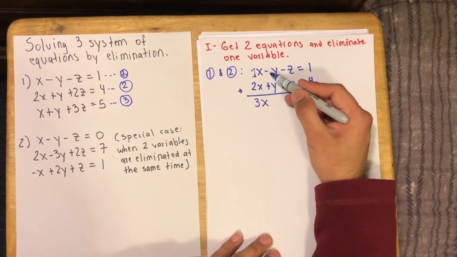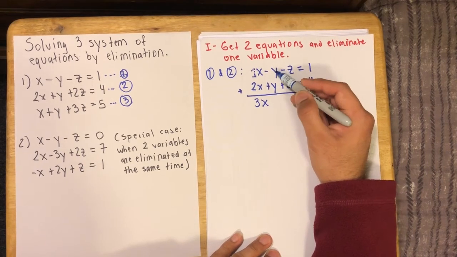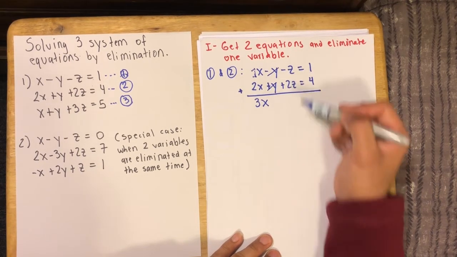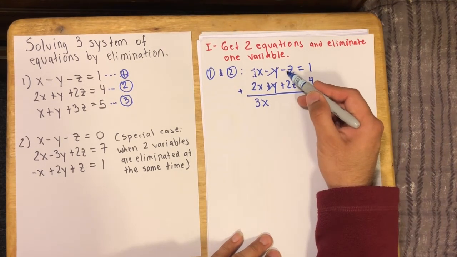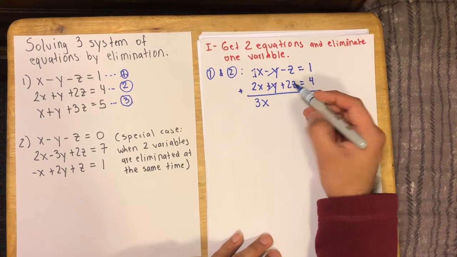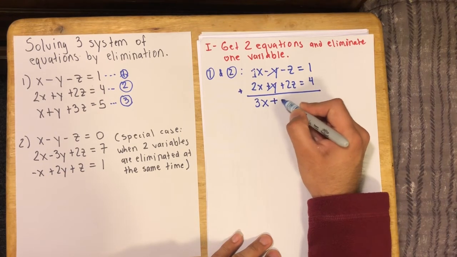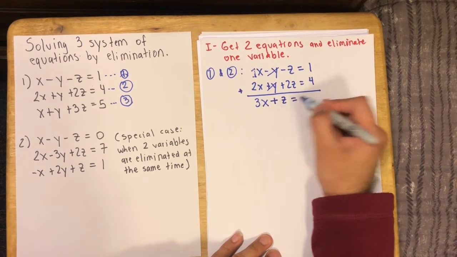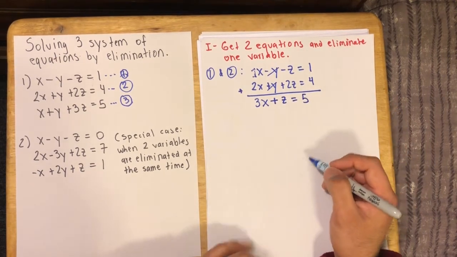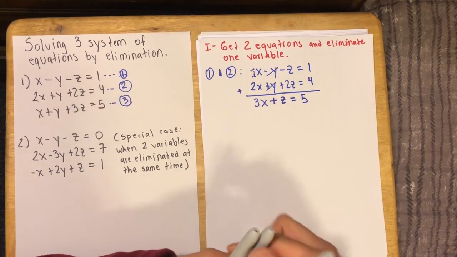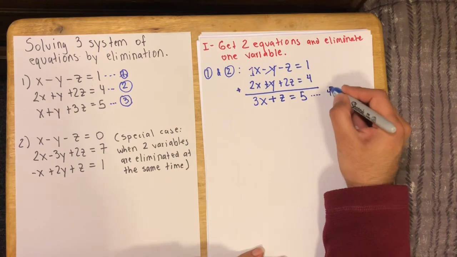Now notice, negative y plus y will automatically cancel or eliminate. Then negative 1z plus 2z gives me 1z, or simply plus z, equals, and then 1 adding 4 gives me 5. So this will become my equation 4.